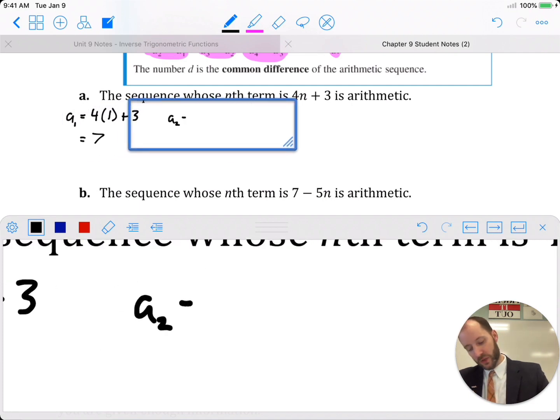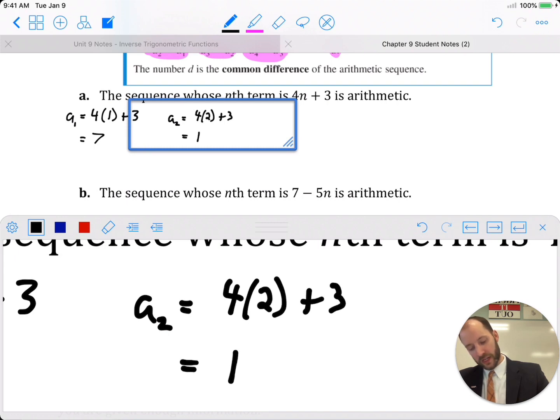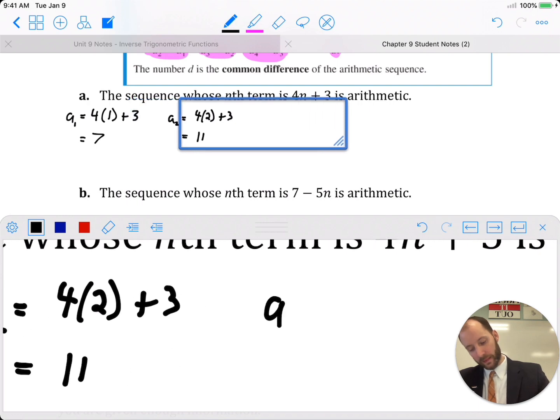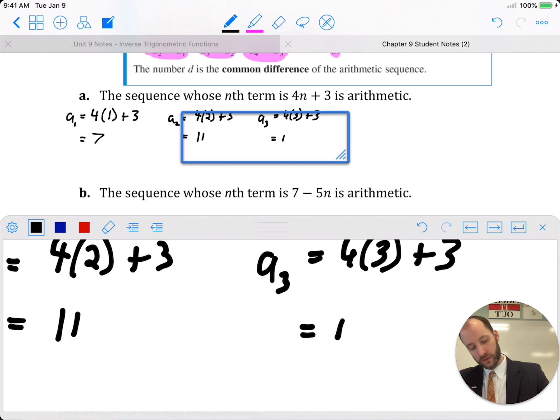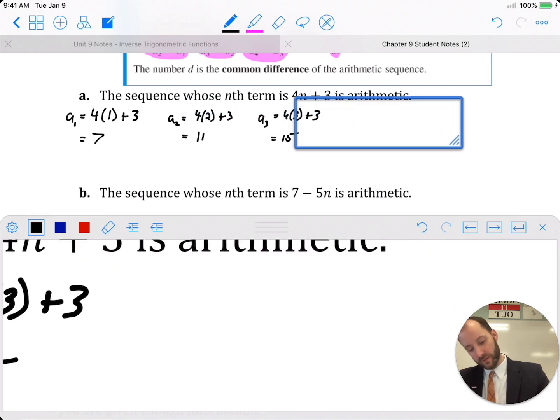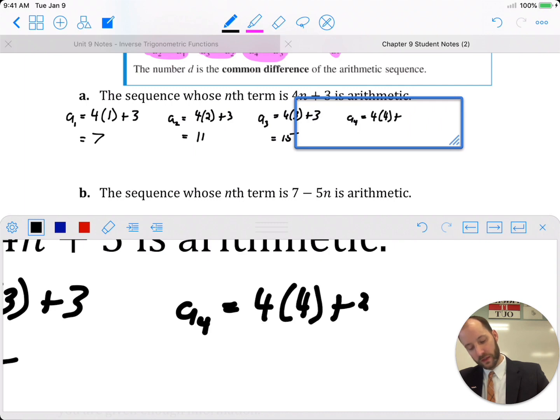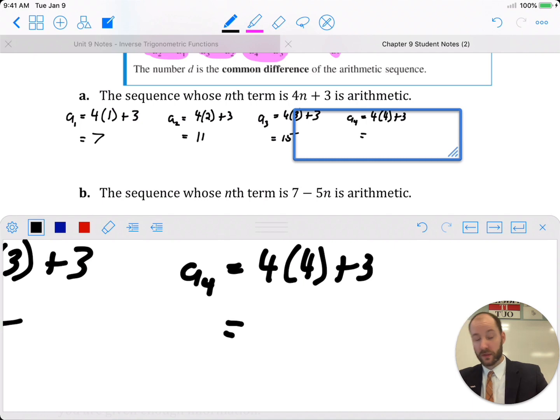A sub 2, when you plug 2 in, 4 times 2 plus 3, and you get 11. A sub 3 term, 4 times 3 plus 3, you get 15. A sub 4, 4 times 4 plus 3, and you get 19.